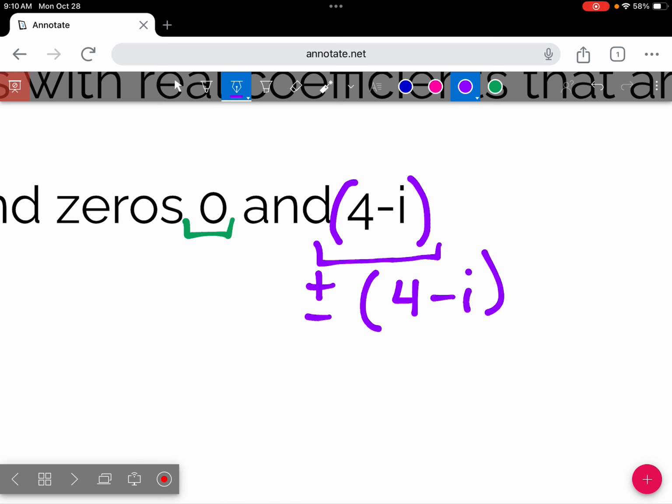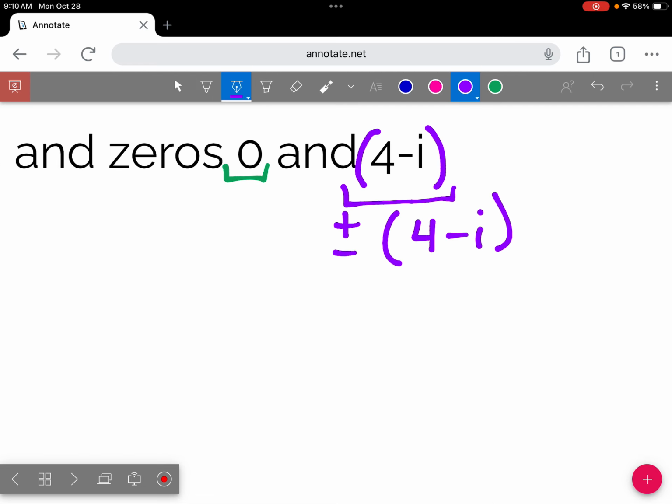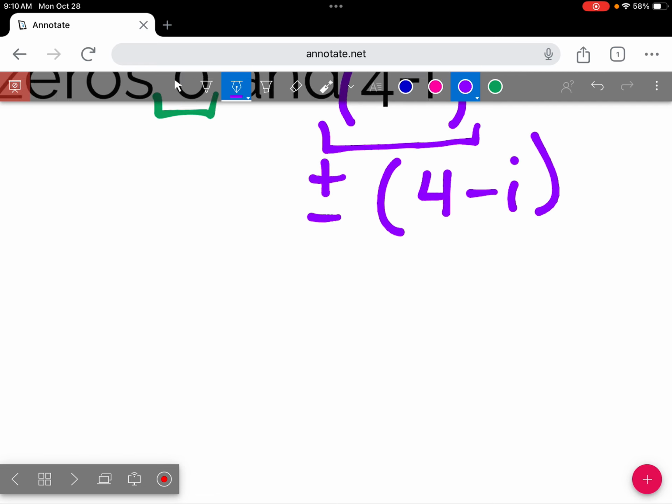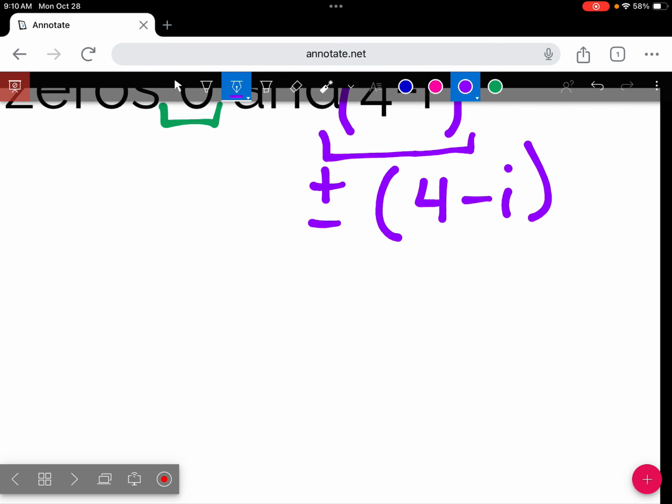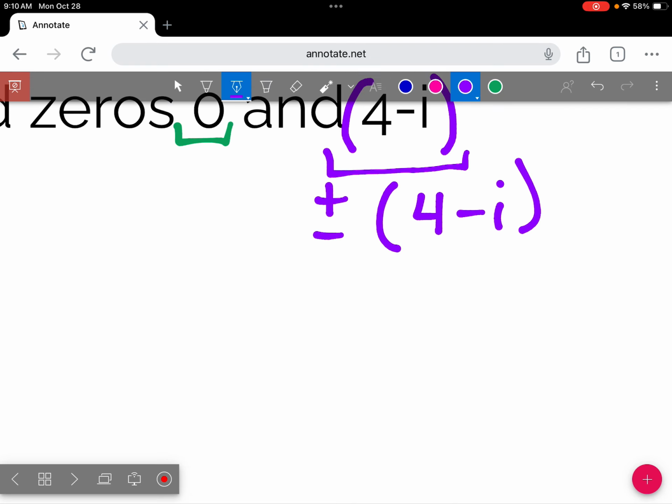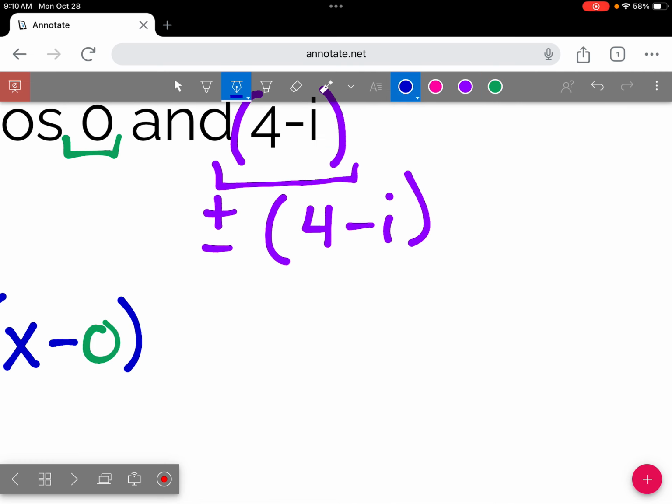Our complex roots always come in pairs. So when we're putting this into our factored form, we're going to have our x minus 0. That's our first one. There's our real factor. And we're going to have our x minus 4 minus i.